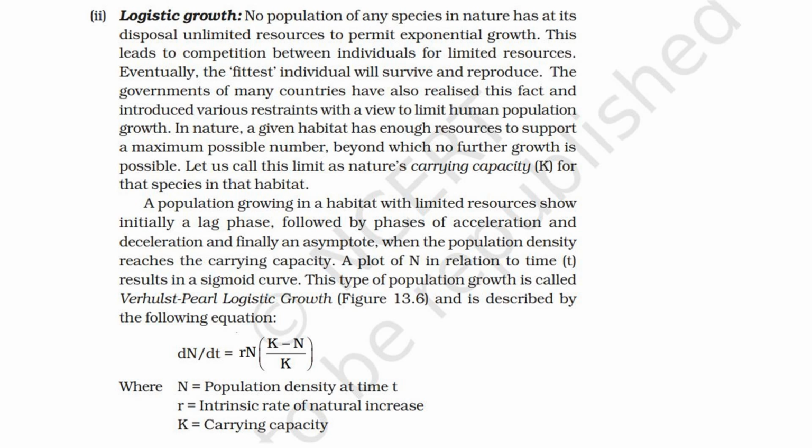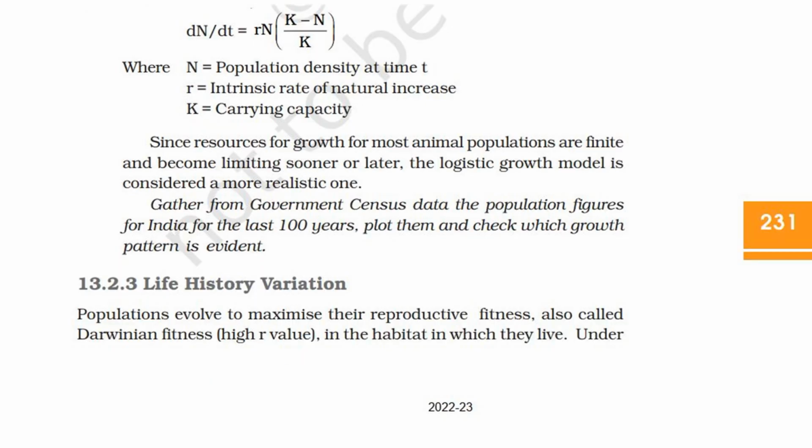This type of population growth is called Verhulst-Pearl logistic growth and is described by the following equation: dN/dt = rN (K - N)/K, where N = population density at time t, r = intrinsic rate of natural increase, K = carrying capacity. Since resources for growth for most animal populations are finite and become limiting sooner or later, the logistic growth model is considered a more realistic one.